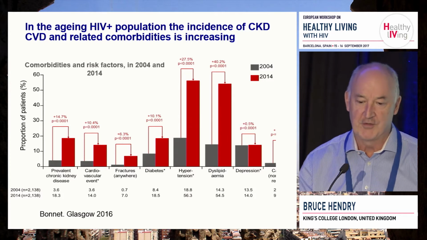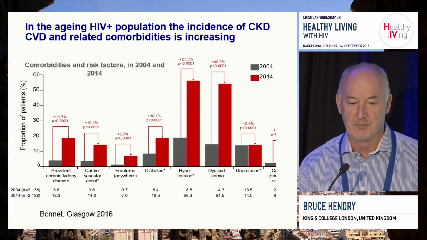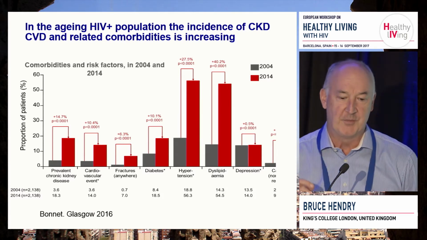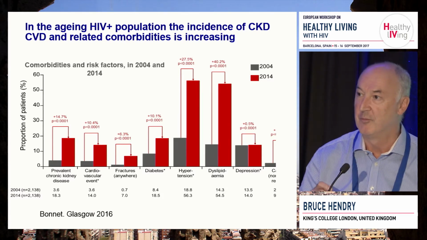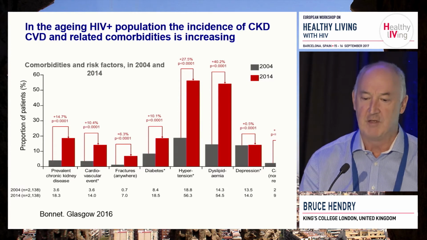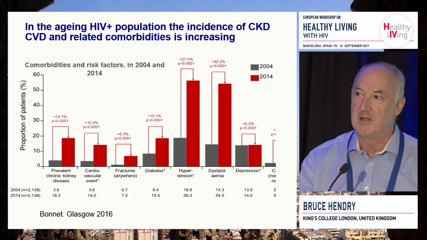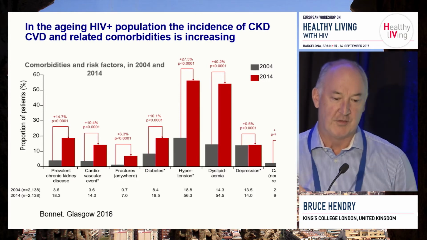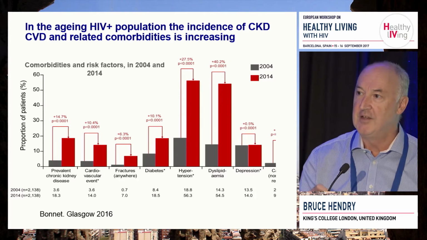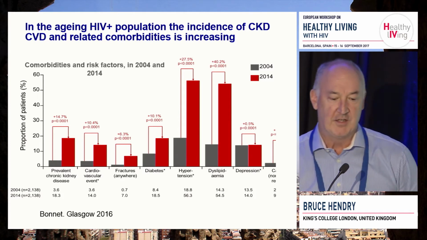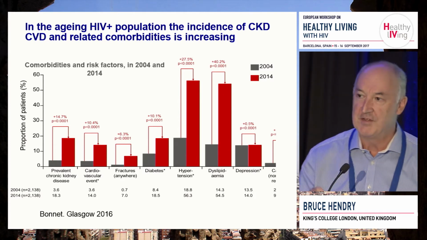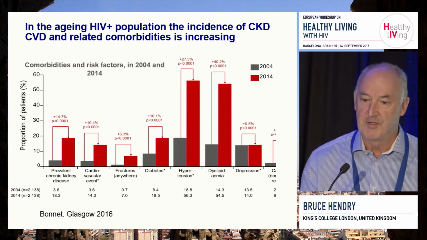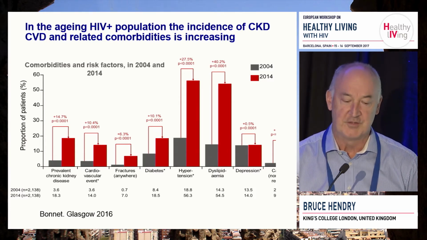And you can see across the board, but I focus you on the left for present purposes, that prevalent chronic kidney disease has become significantly more important and more prevalent in that 10-year period. Part of this is better acquisition of information, but underlying it also is a true increase in the incidence of these diseases. And in terms of CKD, part of that is aging, other comorbidities, but we must be aware that part of it also can be the way that we use ART.